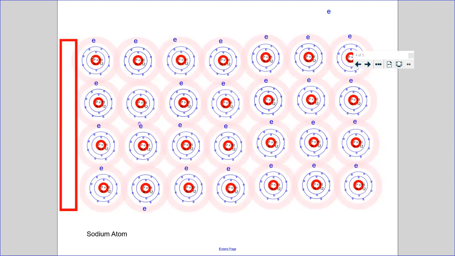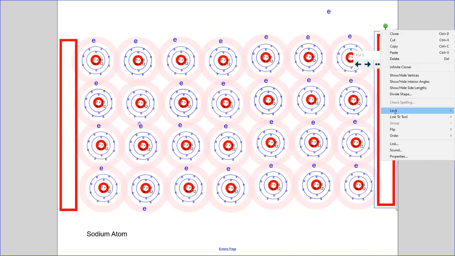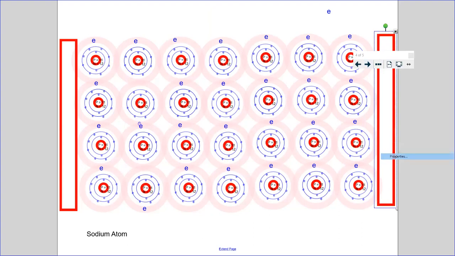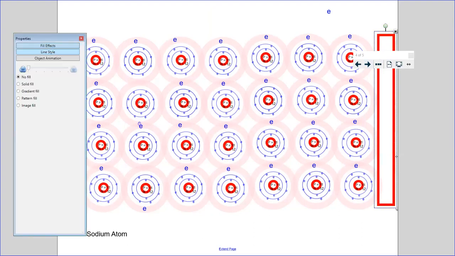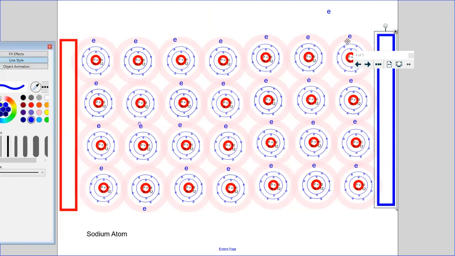Got it? So on one side we connect this sodium strip with a positive electrode, and on the other side we connect it with a negative electrode. I will make it blue in a moment. So what do you think? This negative terminal, the blue terminal, will it attract the electrons or repel the electrons?